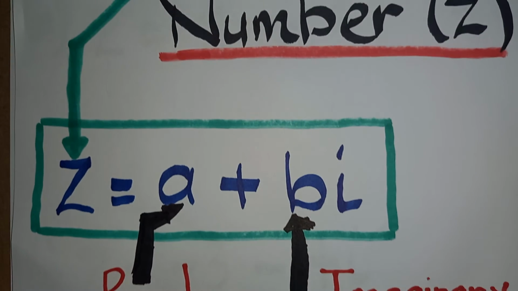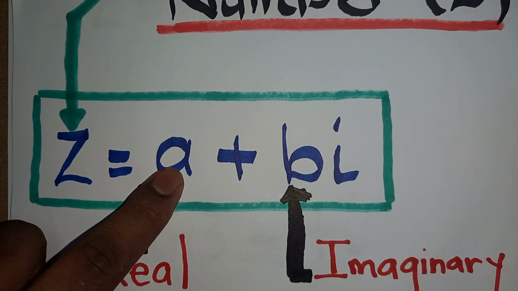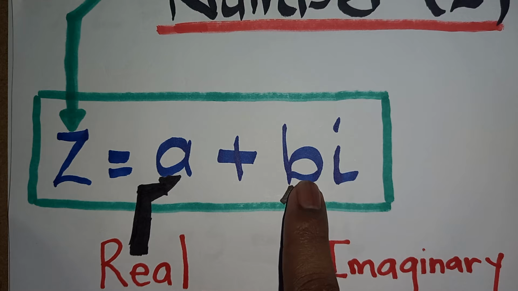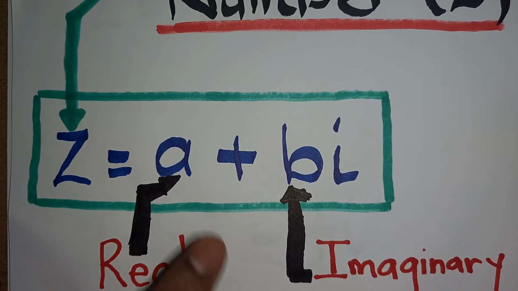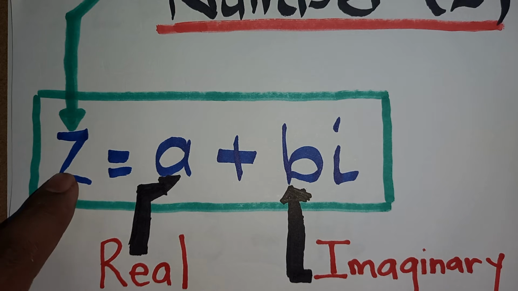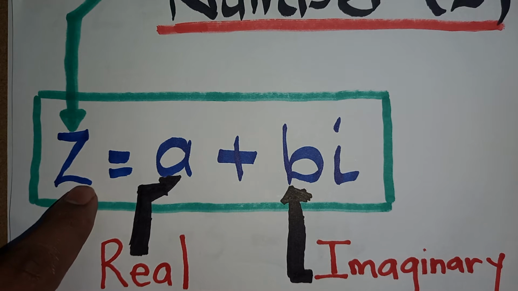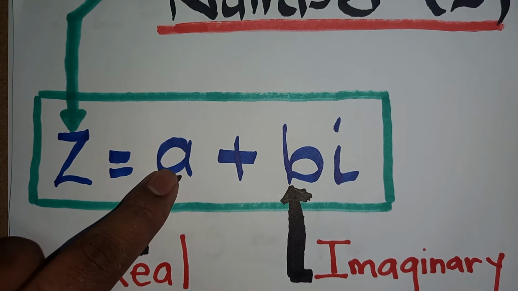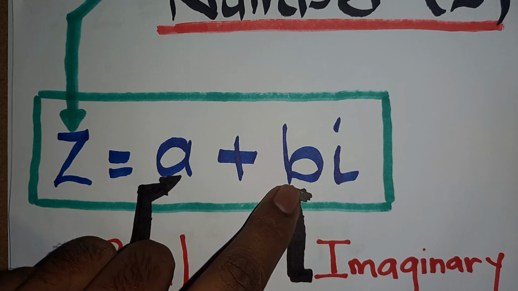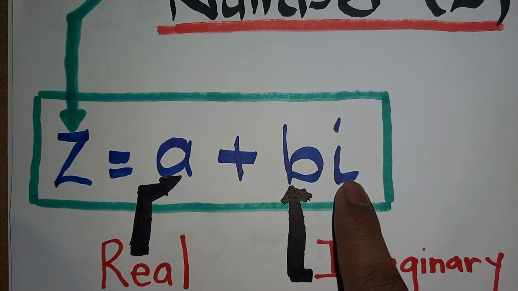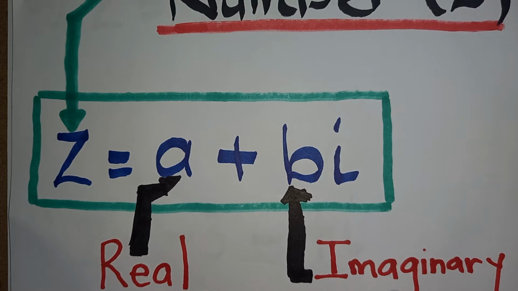Now in some textbooks, in place of a they write x, and in place of b they write y, but the whole purpose is not undermined. It is still the same: z is equal to real plus imaginary, right? And this i is known as the imaginary unit, right?